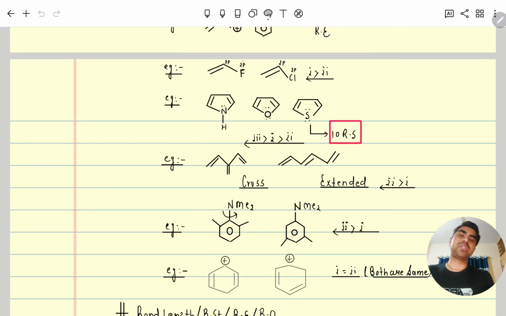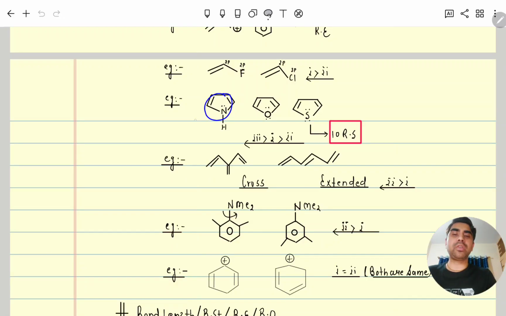Since fluorine is giving effectively through 2p, back bonding is more effective compared to 2p-3p. So here we see quality over quantity: one is more than two.